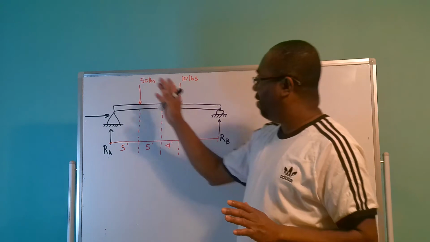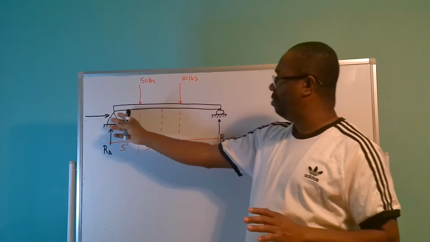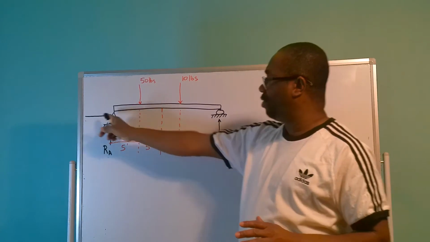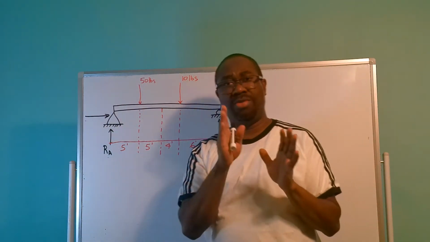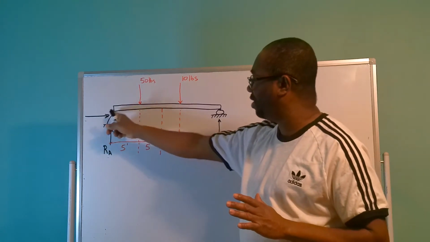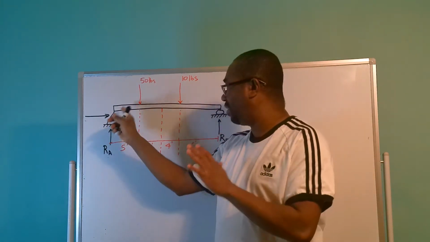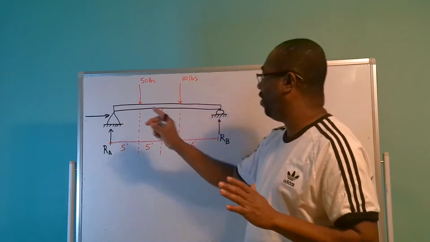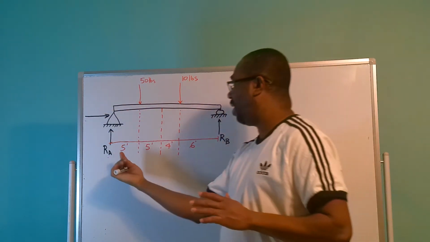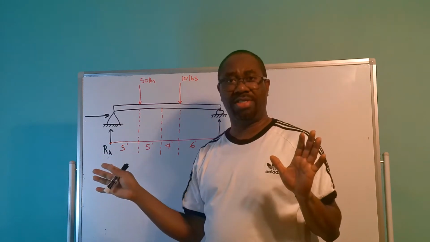So at the end to my left is reaction A, and as I did mention to you before, whenever the beam has this symbol, it means that this end of the beam is hinged, and there are going to be a horizontal reaction as well as a vertical reaction.